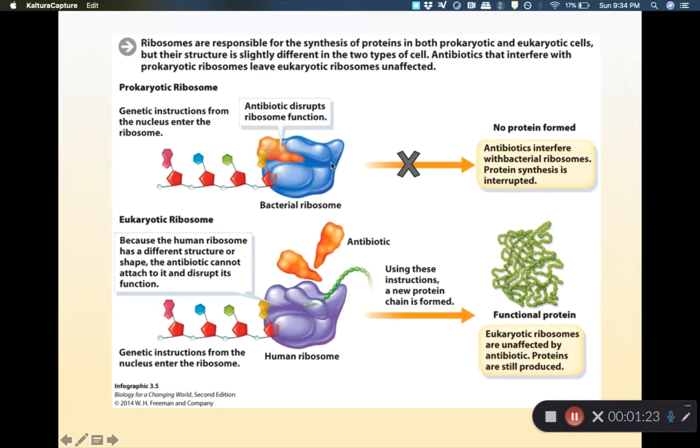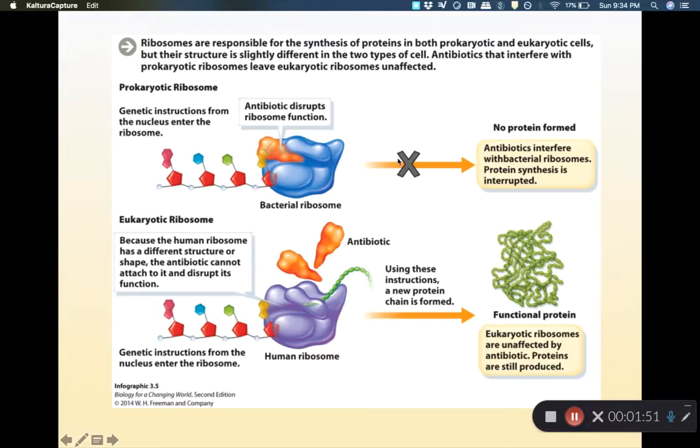And because it has this specific folding, no protein is formed, and the antibiotics interfere with protein synthesis, so the cells aren't able to continue. However, when applied to eukaryotic cells, it has a slightly different function here, and it's not able to bind and disrupt the ribosome and the protein function, so you still are able to get those nice protein folds that we talked about in our previous lecture.